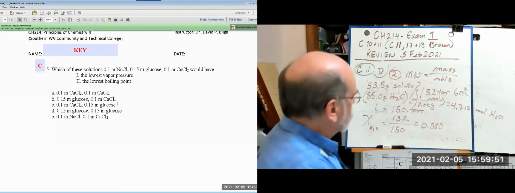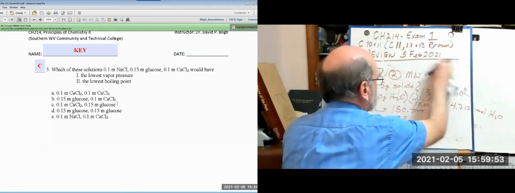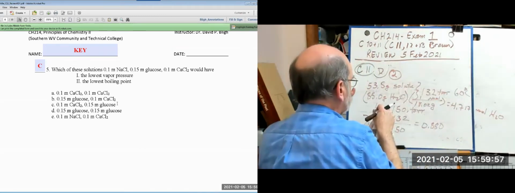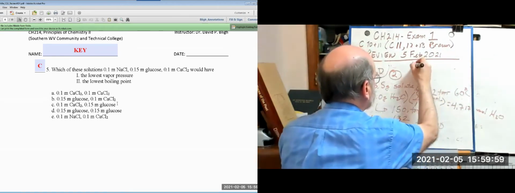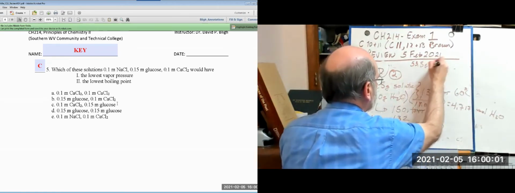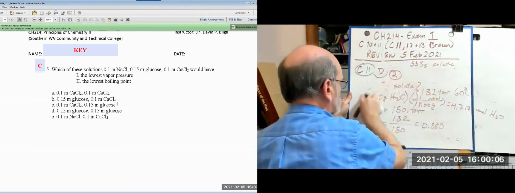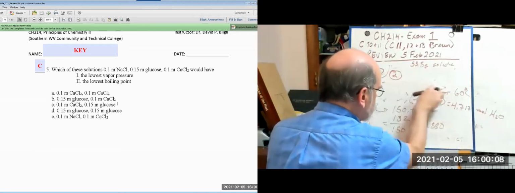Now, I'm going to have to erase some things. 53.8 grams, right, okay, so I've got that one. I've used these already.